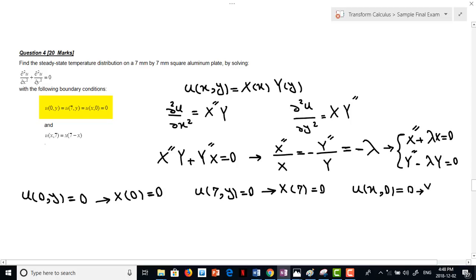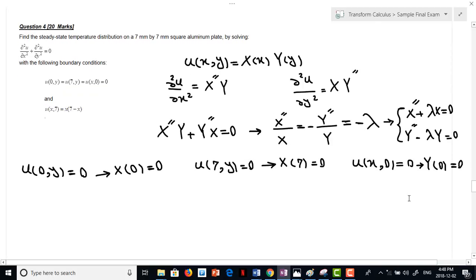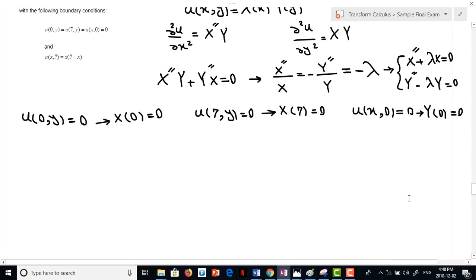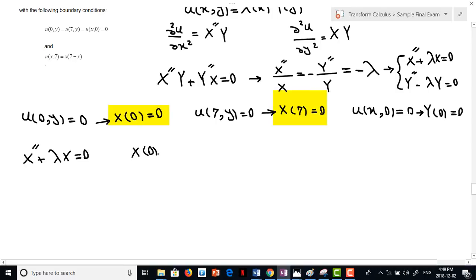As a result, Y of 0 is equal to 0. The fourth one, we cannot use right now because it's not homogeneous. So now we have the ordinary differential equation X double prime plus lambda X equal to 0, and we have two boundary conditions: X of 0 is equal to 0, and X of 7 is equal to 0 as well.